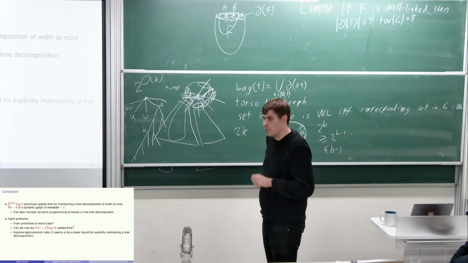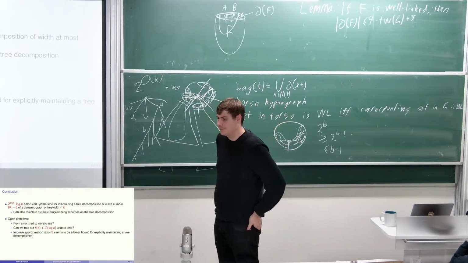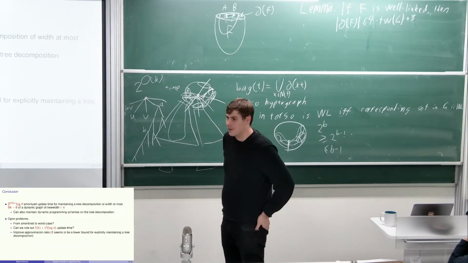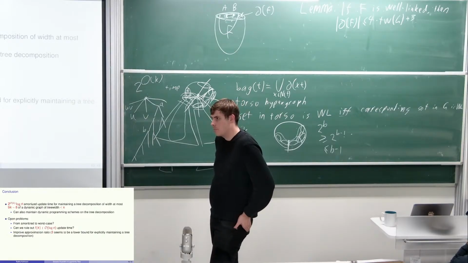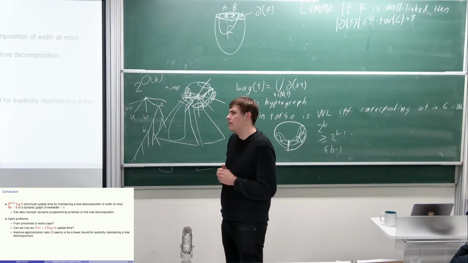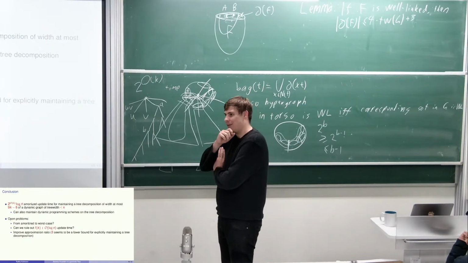I have one live question. Path width might be much more difficult because we don't have a well-linked concept, right? I think path width should be really difficult because it doesn't have very nice graph theoretical properties.